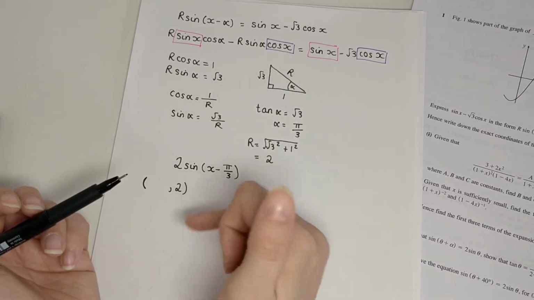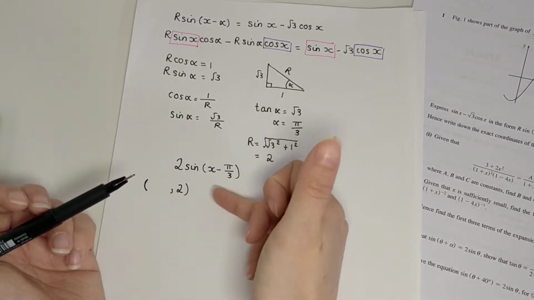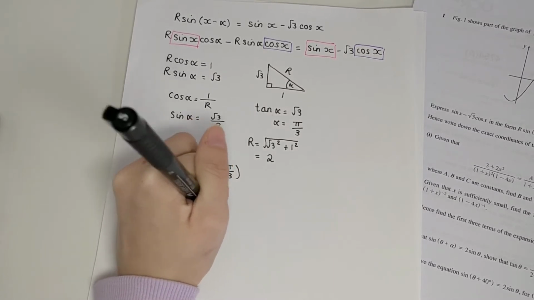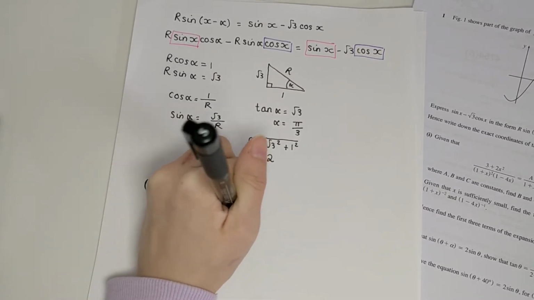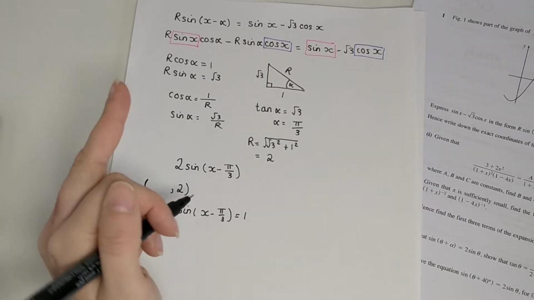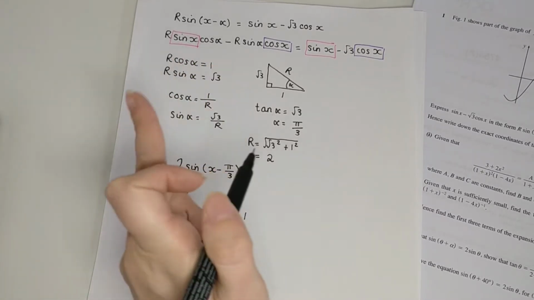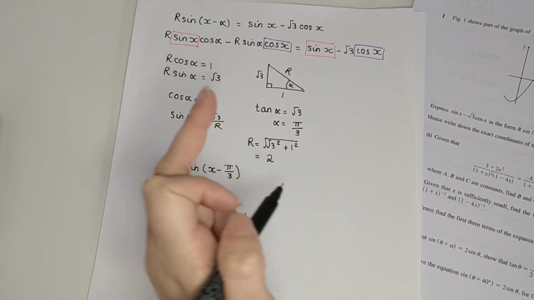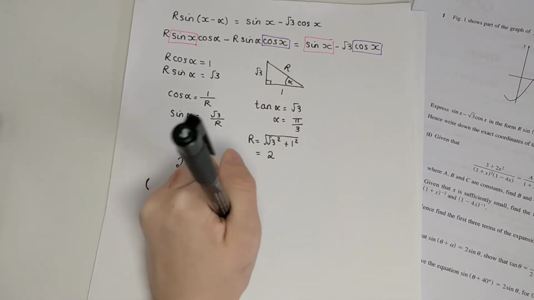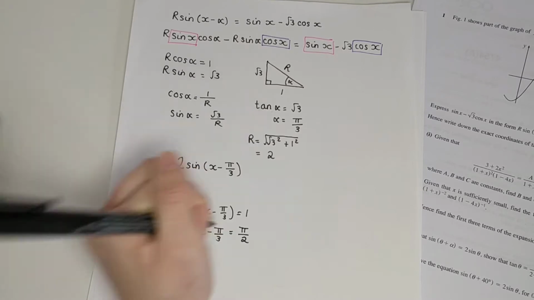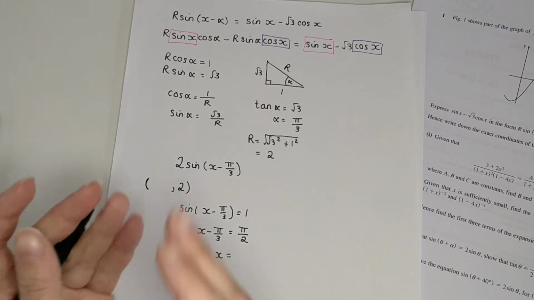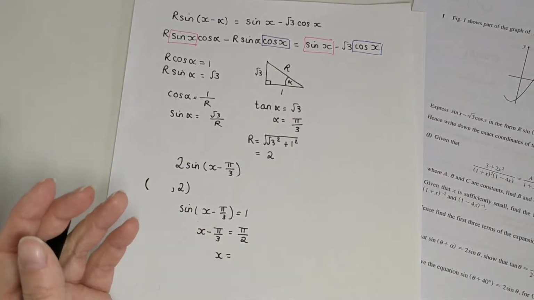Okay, what value of x would lead to a y value of 2? That's like saying I need sine of x minus pi over 3 to equal 1. And sine normally equals 1 at pi over 2, 90 degrees. So that means that x minus pi over 3 equals pi over 2. So now x will equal pi over 2, but it's been shifted a little bit, by this pi over 3.